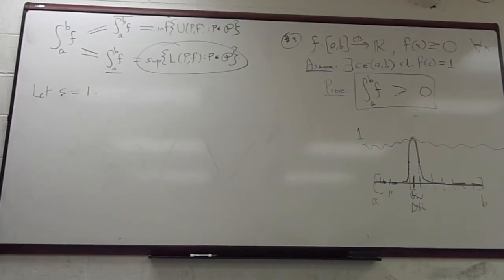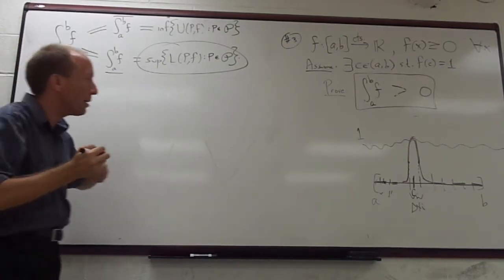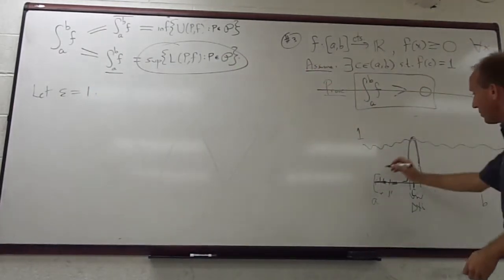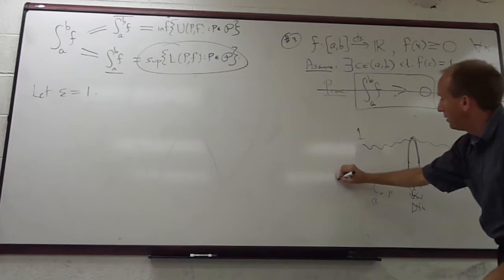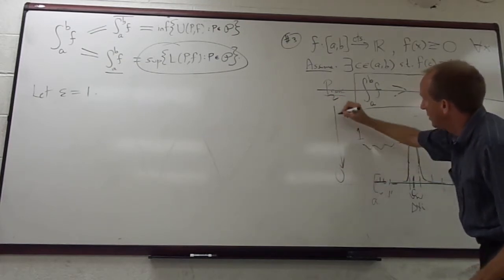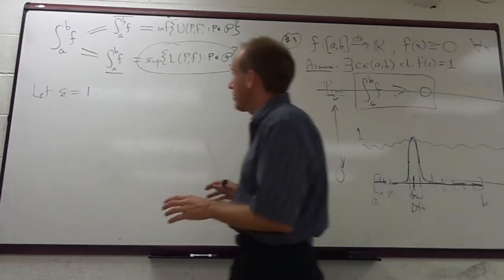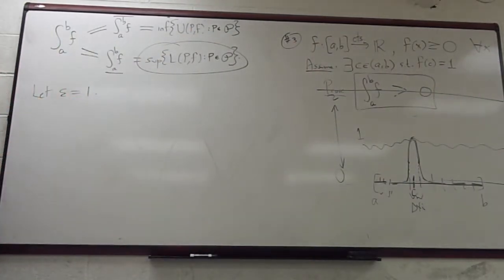Let epsilon equal 1. So that means my window is actually going from 2 to 0. Like that. Actually, this might work out okay. Let's see how it works. Okay, so we pick an epsilon.